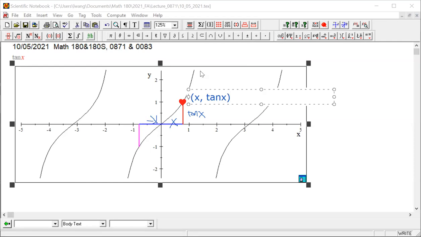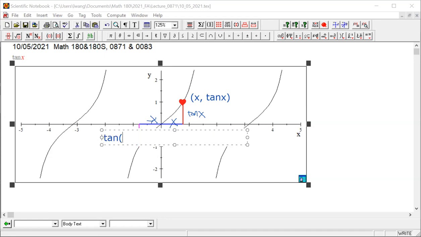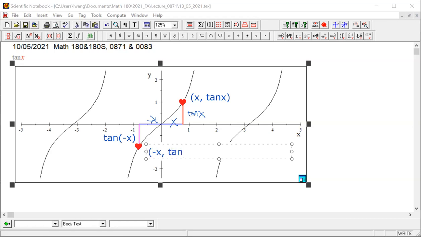This is a negative x, and this is the tangent of what? That's going to be tangent of negative x, because the input is a negative x. These two have a relationship. We utilize that relationship. And how about the point here? It is negative x, tangent of negative x.